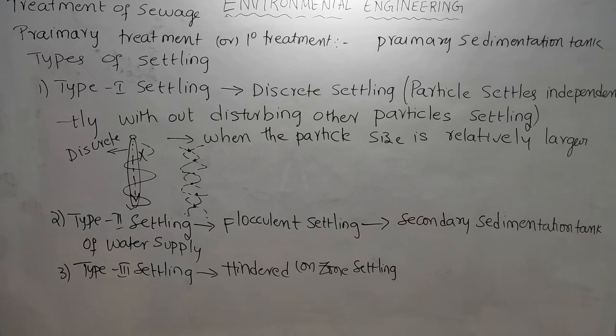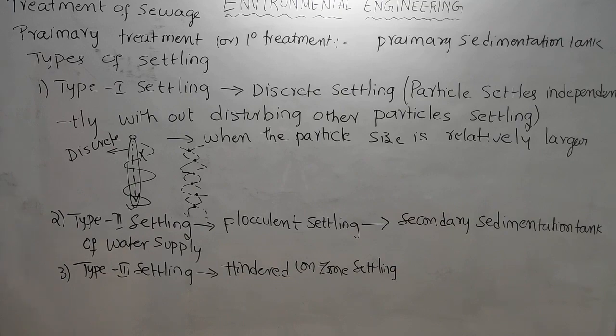Generally, we find this type of settling in the secondary sedimentation tank followed by the activated sludge process. We will see this kind of hindered settling in the secondary sedimentation tank after the activated sludge process.